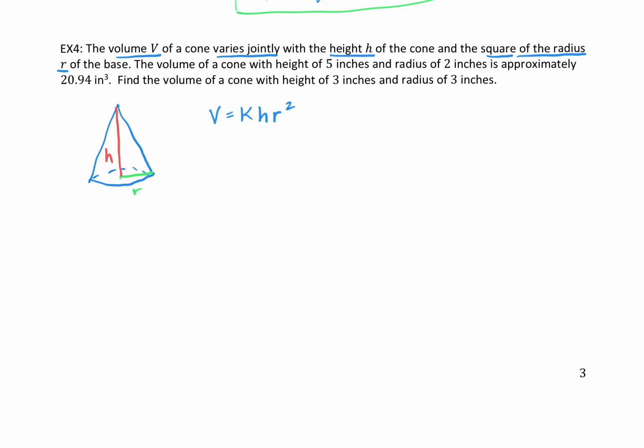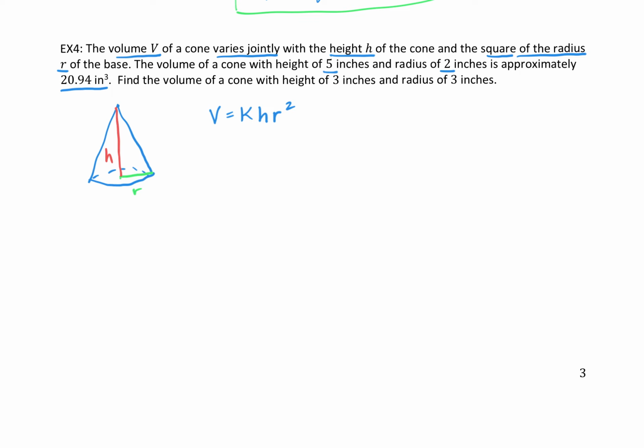So R squared. I have my equation, and then I'm going to look to see if I can solve for K by the information that they will now give us that says the volume of a cone with a height of 5 inches and a radius of 2 inches is approximately 20.94 inches to the third, so that's cubic inches or inches cubed.